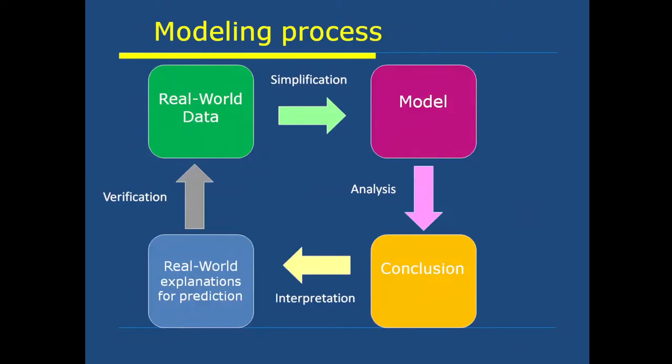On this slide, you can see the modeling process picture. We have a real-world fact or real-world data. By using a simplification method, we create a model. Then we analyze this model and make our conclusions about the real-world object.